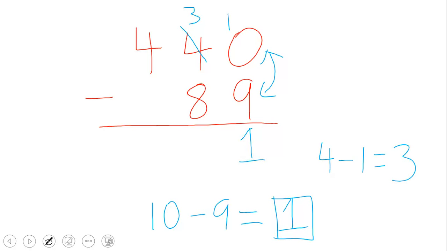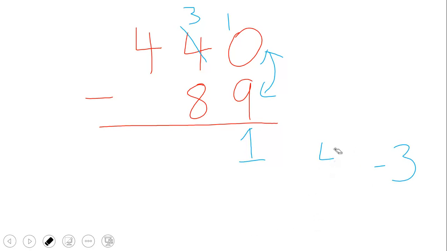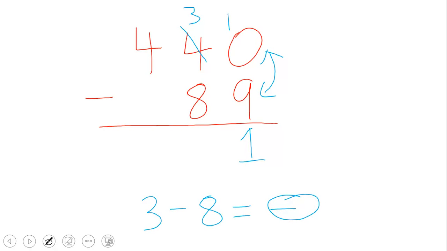10 minus 9 is indeed 1, and we take this 1 and place it below the 9. Next we consider the next column, and the numbers in it are 3 and 8. What is 3 minus 8? Now 3 minus 8 would give us a negative number, but we don't want any negative number in our answer. So we go to the next door neighbor and we take 1 from it. 4 minus 1 is indeed 3, so our neighbor is left with 3 and we are given 1.